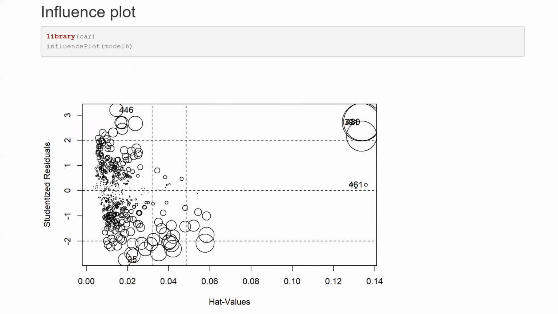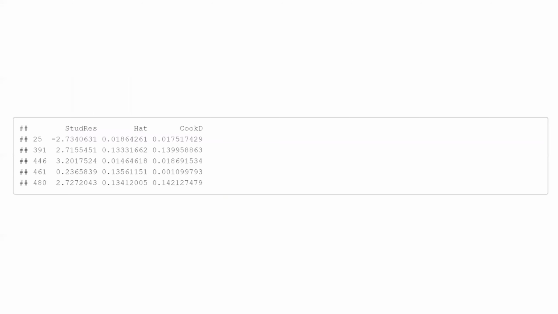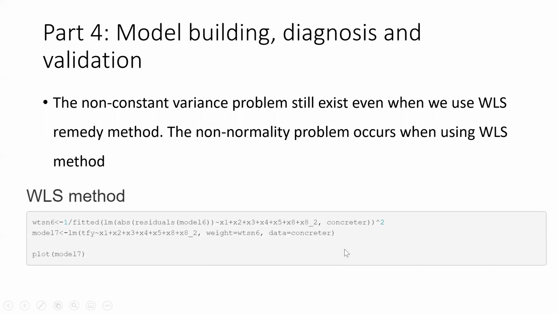So here are some potential influential points. As we have analyzed before, the non-constant variance problem still exists when we consider using the WLS method.